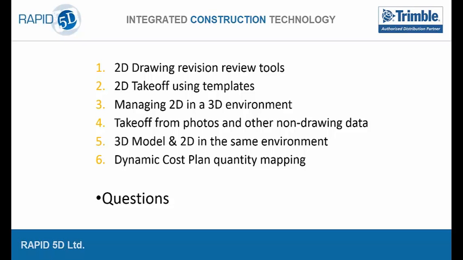Someone else has asked, if I'm doing refurb work, can I mix and match quantities from drawings, 3D and prelims? Okay, so in my cost plan, yes, if you've got a 3D drawing and some 2D drawings, you could do a takeoff, but you don't have to use all the information from every aspect.